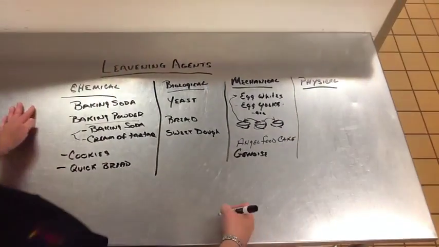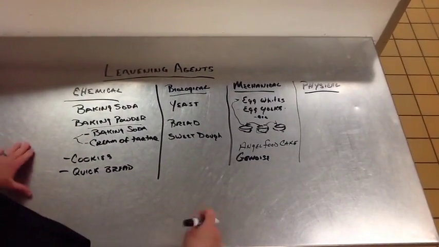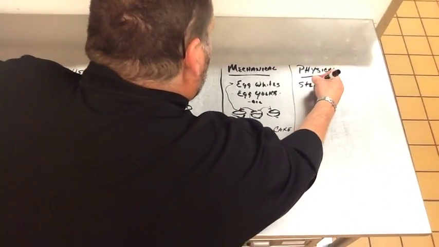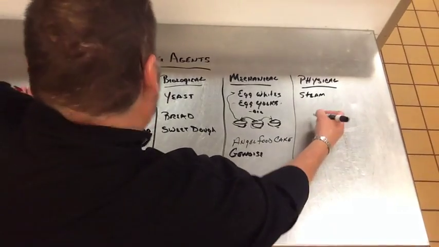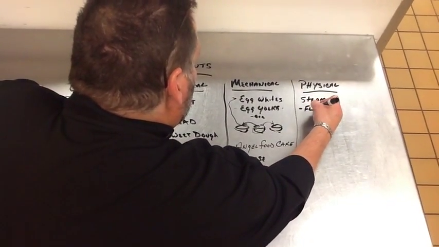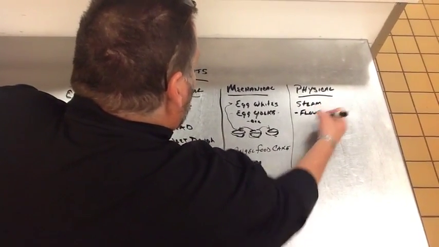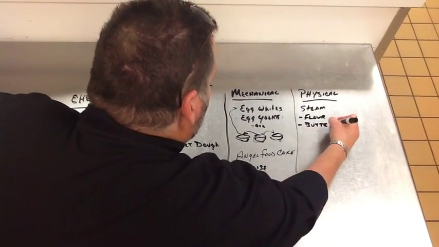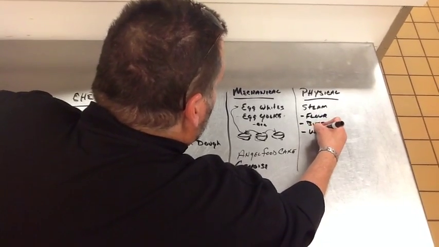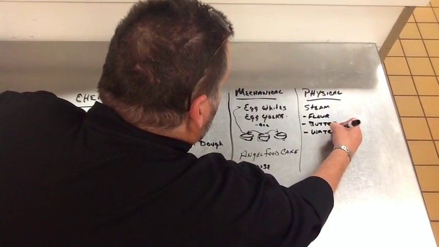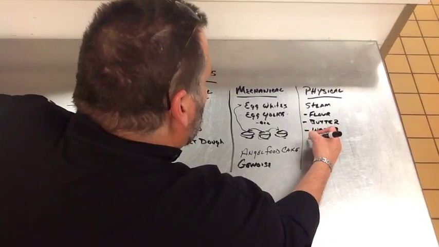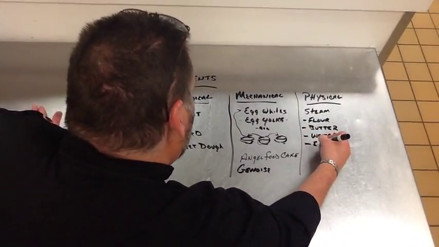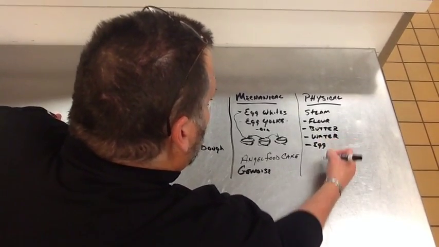Physical. Physical refers to steam. If we take a simple recipe of flour, butter, water, and finally eggs, we come up with something called pâte à choux.